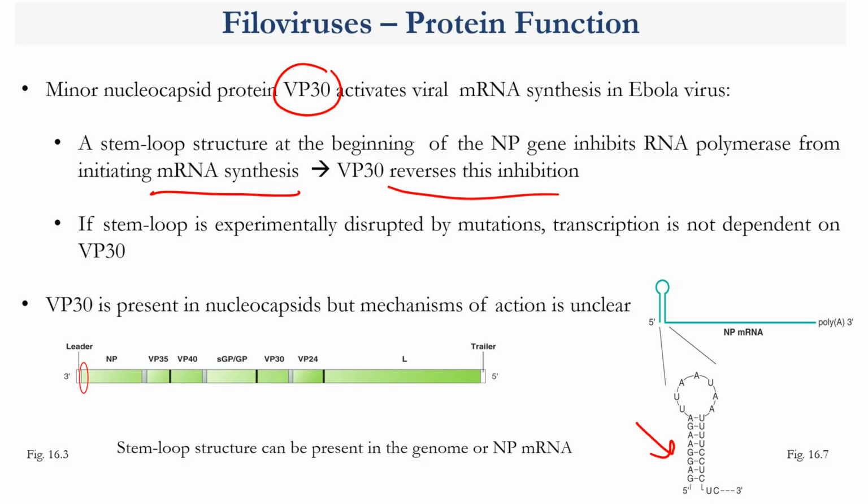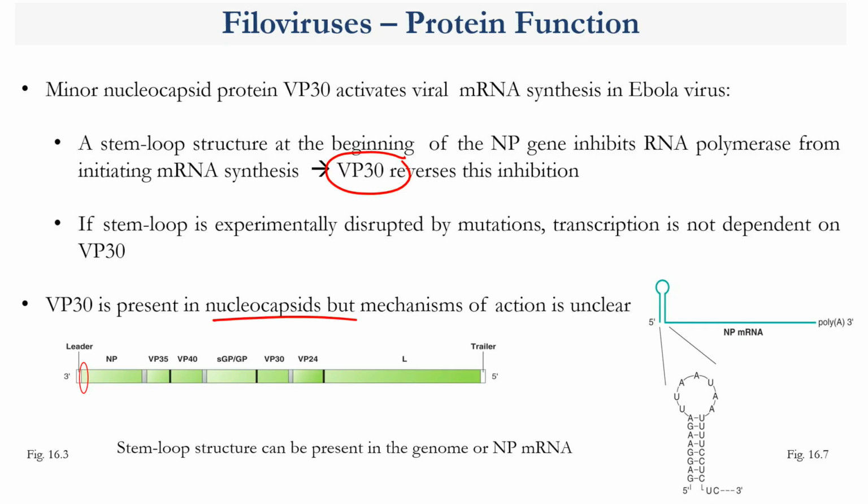And if you were to disrupt this secondary structure by mutations, what we see is the transcription is not dependent on VP30. So it's used for making mRNA, but VP30 actually does reverse this inhibition of this stem loop structure, okay?